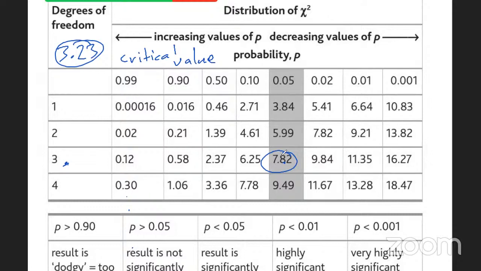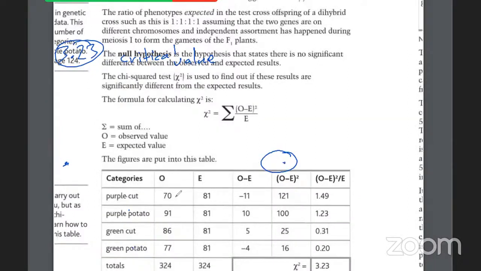So remember, this calculation is to determine, when you did your experiment, what you're trying to figure out. You expect to get 81 purple cut plants, right? And you got 70. Was it due to chance, or was there something interfering with the process?